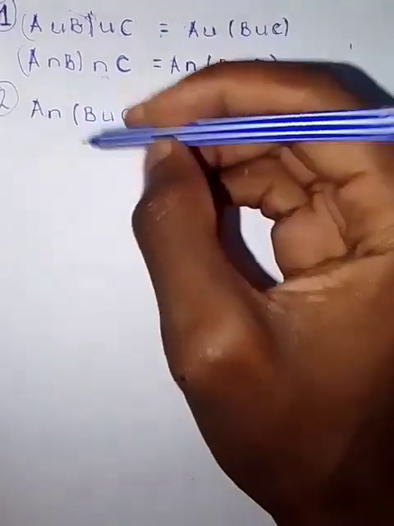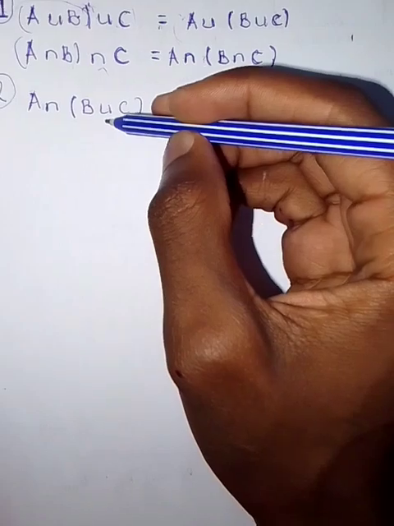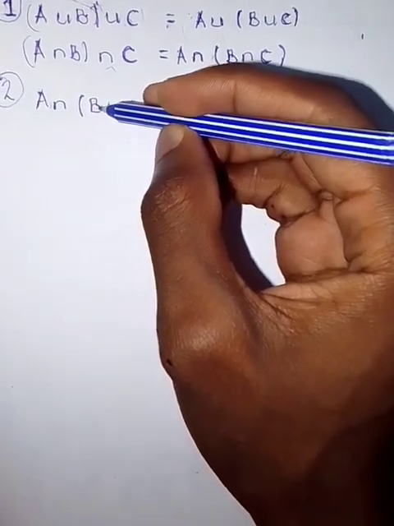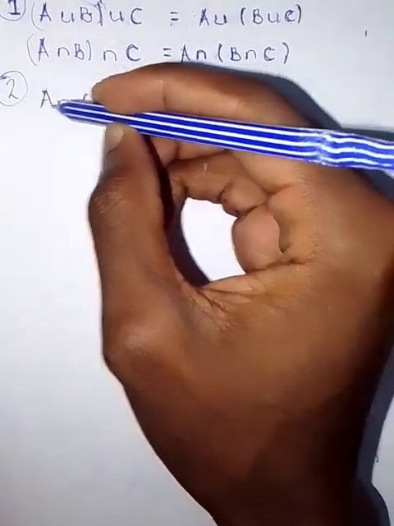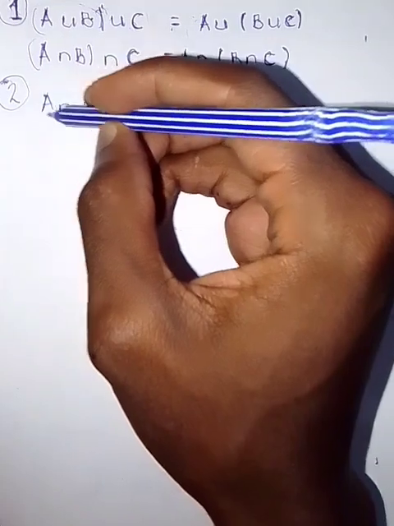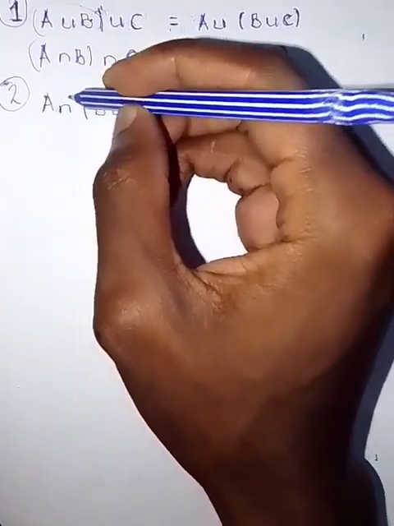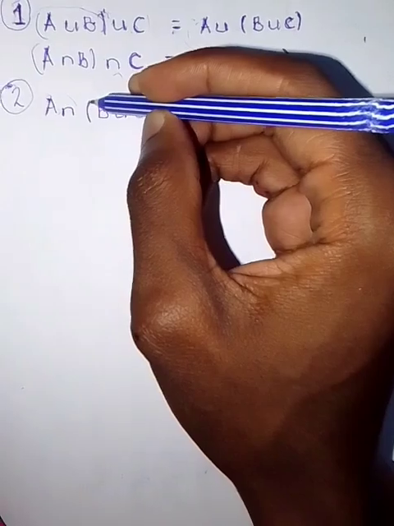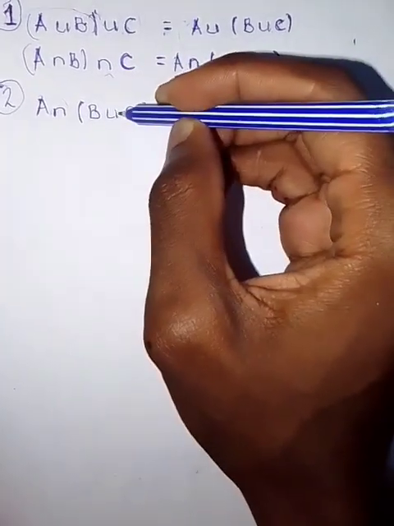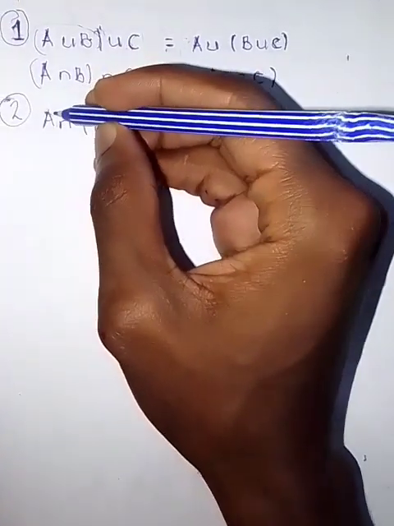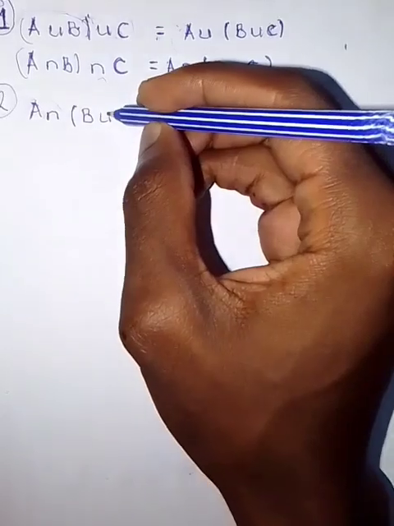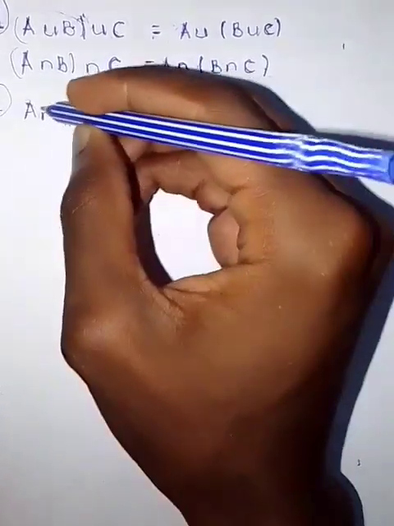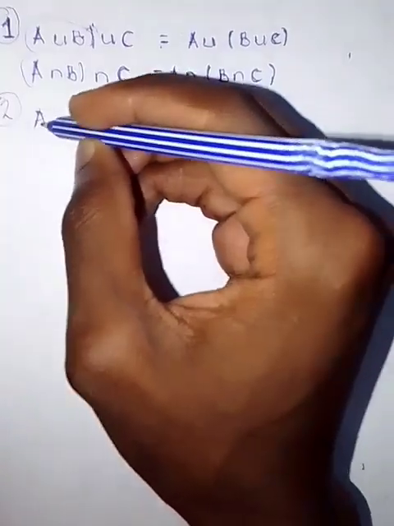this one, in simple terms: whenever you have three sets, where the set that is out here is intersected with a union of two different sets, you can expand. You can multiply throughout. How do you multiply?